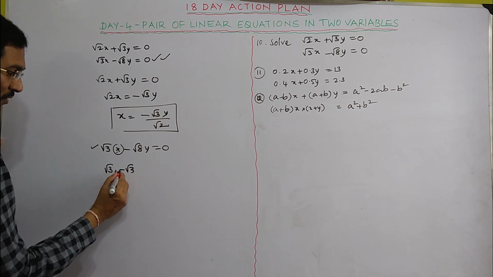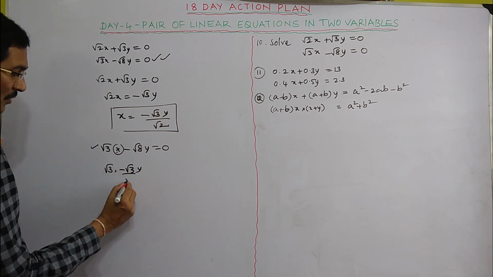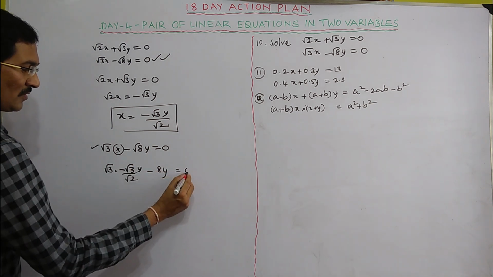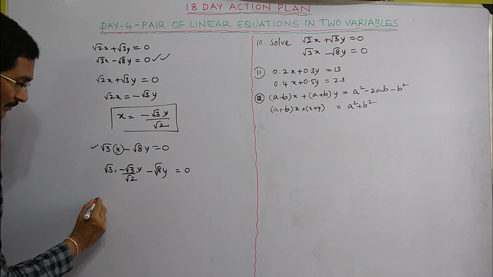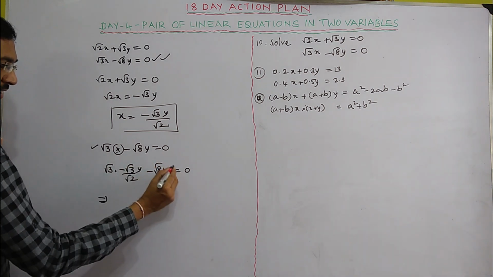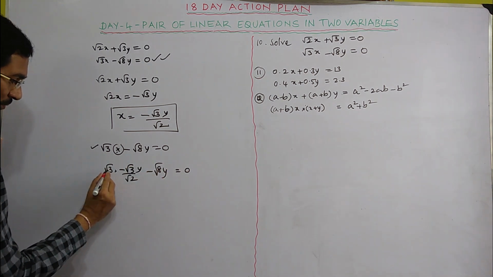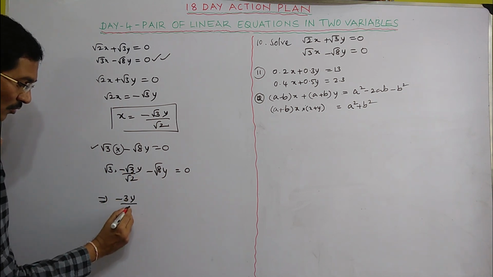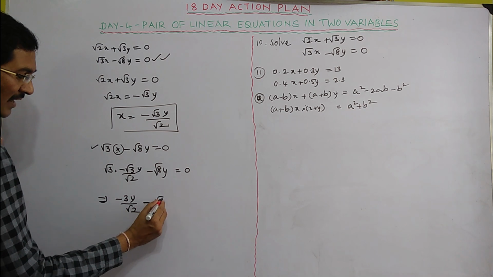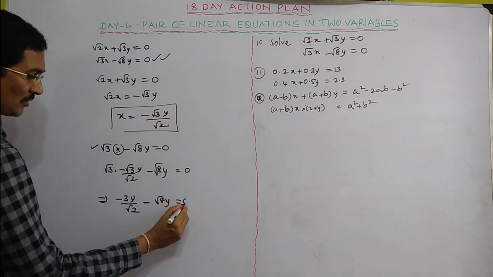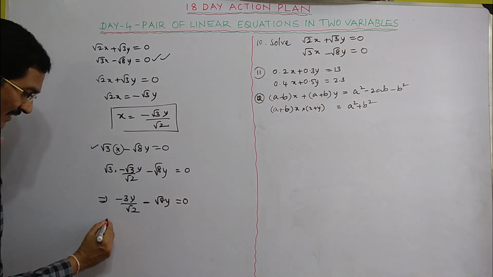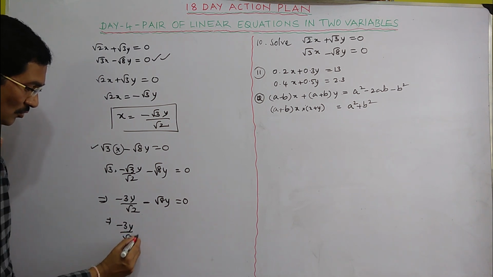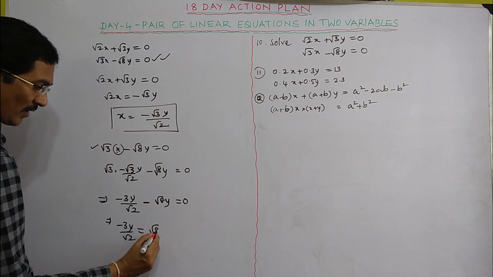So minus root 3 into root 3y by root 2, minus root 8y is equal to 0. Now root 3 into root 3 becomes 3. So this becomes minus 3y by root 2 minus root 8y is equal to 0. So let us take this to that side. So this becomes minus 3y by root 2 is equal to root 8y.